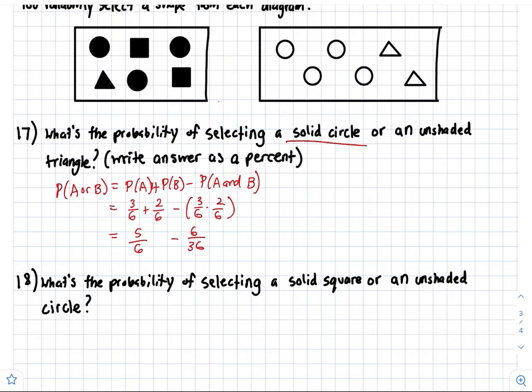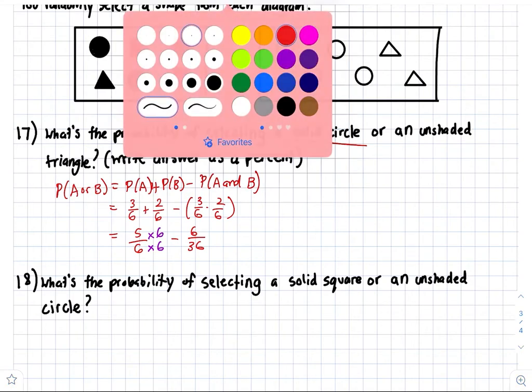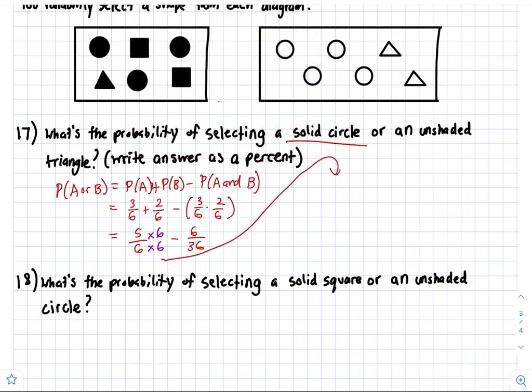Now we gotta get the same common denominator, everybody. So we multiply this by 6 and this one by 6 so that they have the same common denominator. We get 30 over 36 minus 6 over 36, which is 24 over 36.